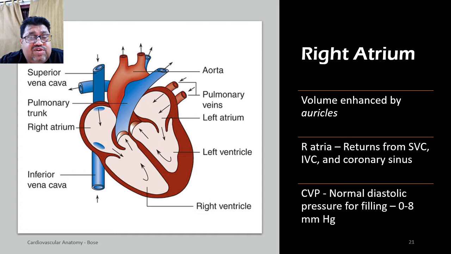It is referred to as the central venous pressure, or CVP, and this is what's used to understand whether there is sufficient blood returning into the right atrium to be able to supply the left side of the heart, and thereby sufficient blood to go out to the systemic circulation.